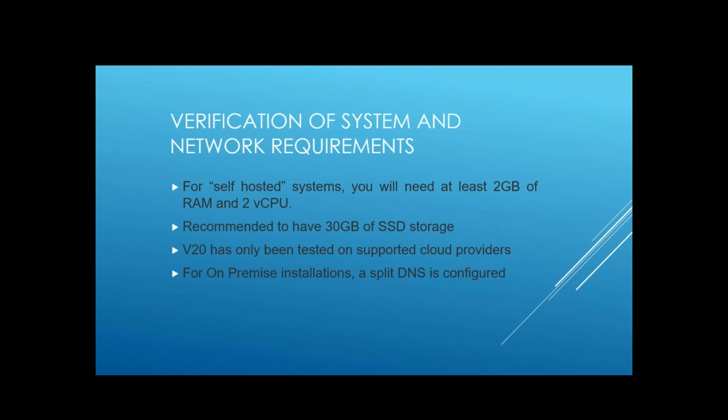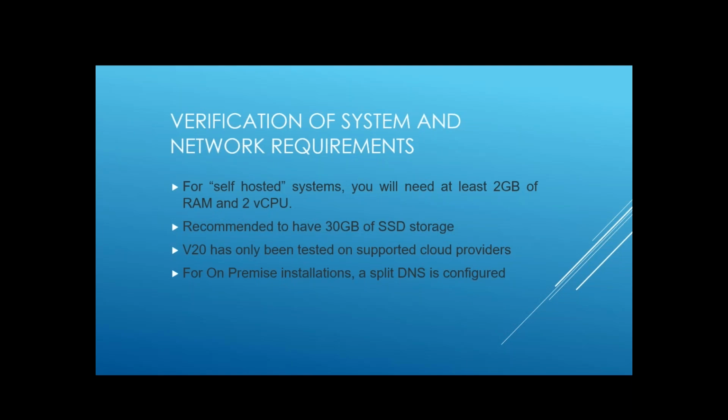Version 20 has only been tested on supported cloud providers, so your Google, your Microsoft Azure, Amazon. If you are using a different provider, just bear that in mind before upgrading. Maybe use that test key and make sure that it's going to work on the platform or the provider that you're using.